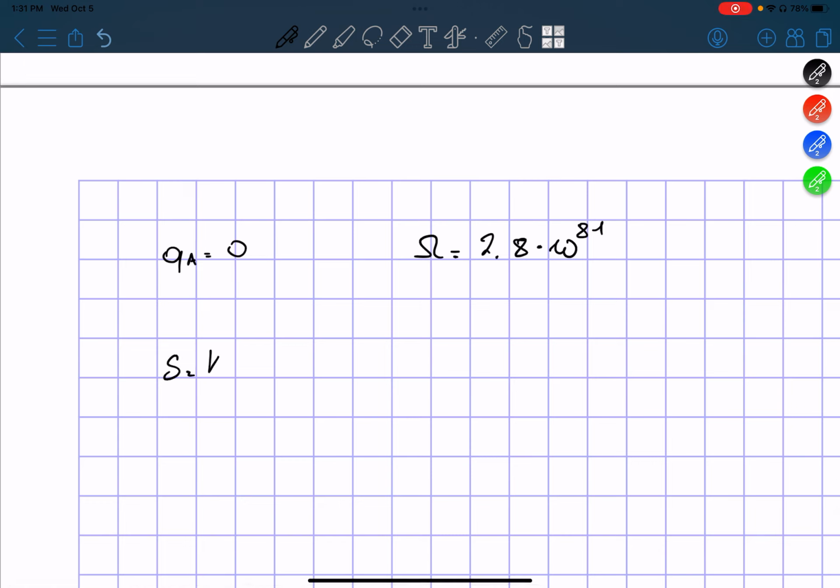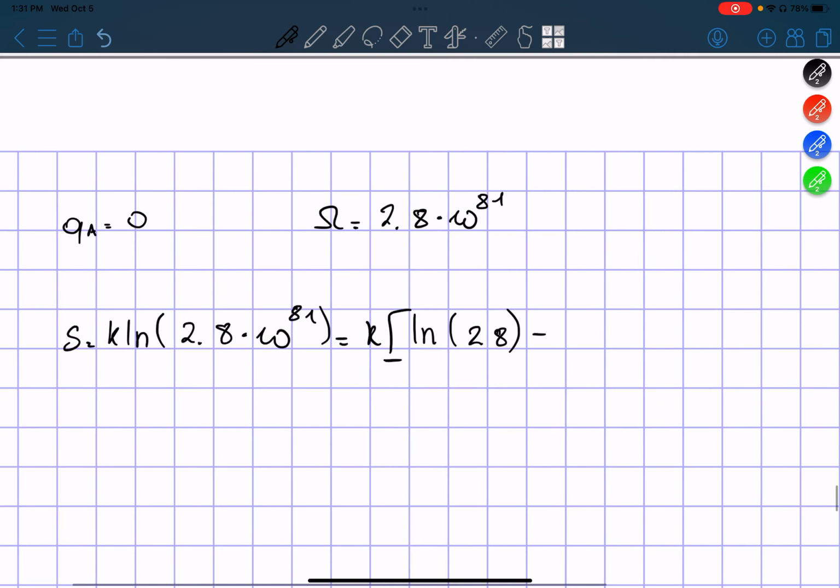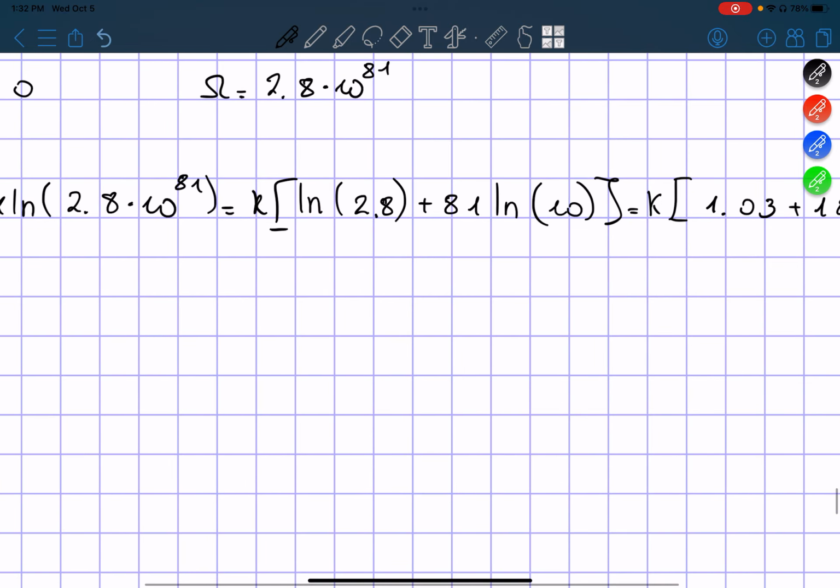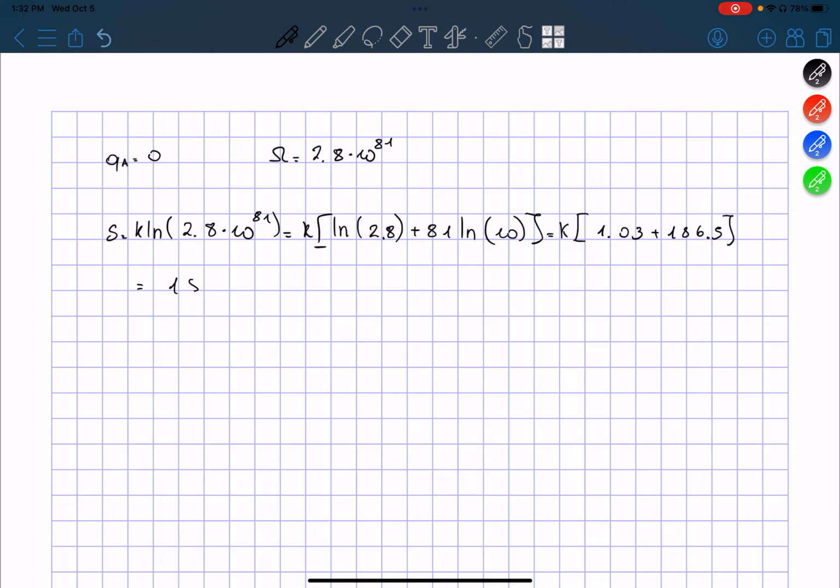So our entropy, again, is K ln of 2.8 times 10 to the power of 81, which is K times ln of 2.8 plus 81 times ln of 10. ln of 2.8 is 1.03, and I'm always rounding. 81 times the natural logarithm of 10 is equal to 186.5. I'm just going to keep it like this. So our entropy is equal to the addition of these two, which is 187.5. We don't need to go that deep.